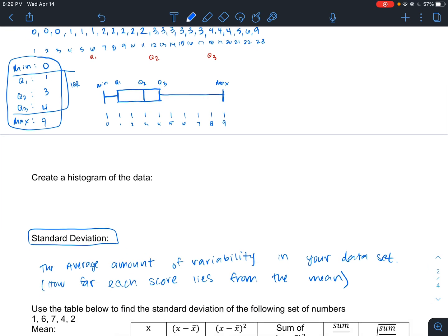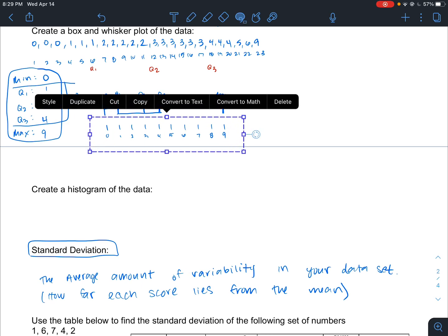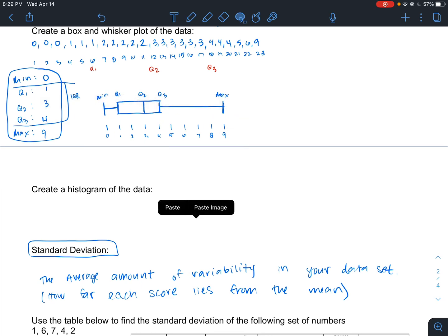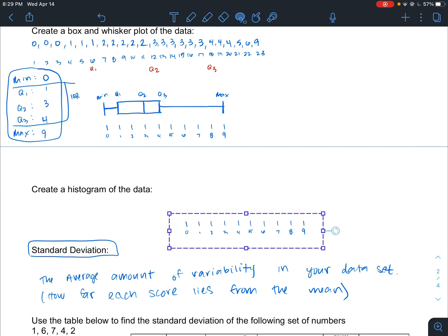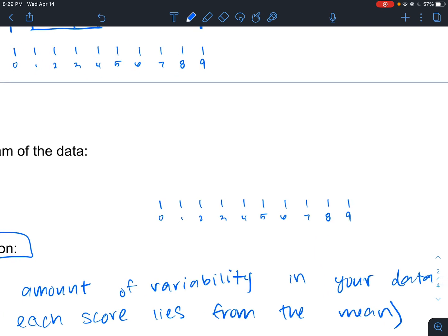Now, creating a histogram of the data is pretty much the same thing, so I'm actually going to cheat a little bit and copy this down here. A histogram is kind of like a bar graph, but not exactly like a bar graph.